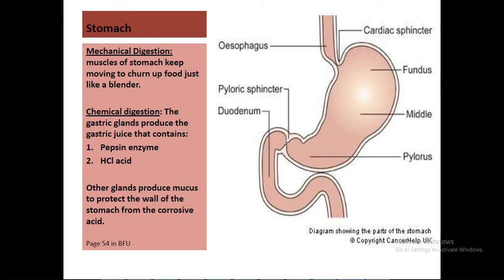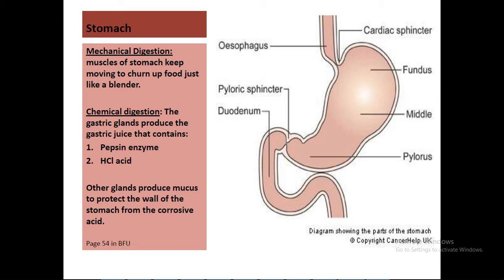Fundus, middle, and pylorus are the three different parts of the stomach. The gastric glands produce the gastric juice that contains pepsin enzyme and acid. Other glands produce mucus to protect the wall of the stomach from the corrosive acid.